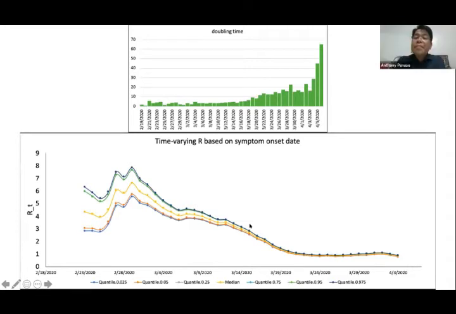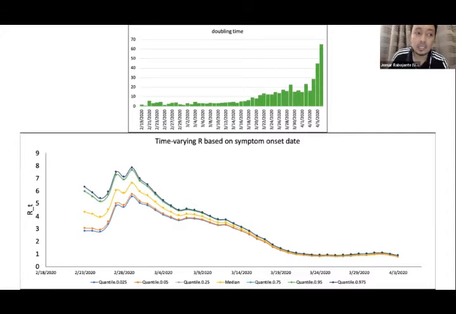Around February, March, we know that we had a problem regarding the outbreak of COVID-19 here in our country. Because of that, our government imposed a community quarantine in different places, specifically in Luzon. During that time, if you look at this lower graph, we have the reproductive number R. Reproductive number R is a measure of the contagiousness of the disease.